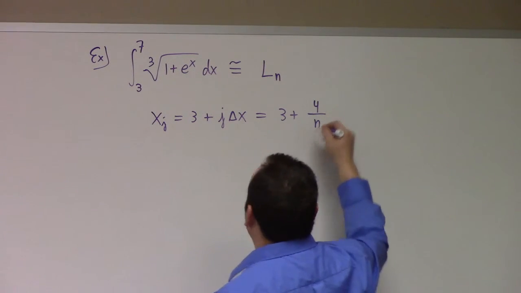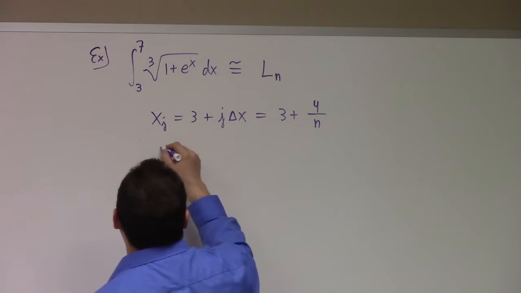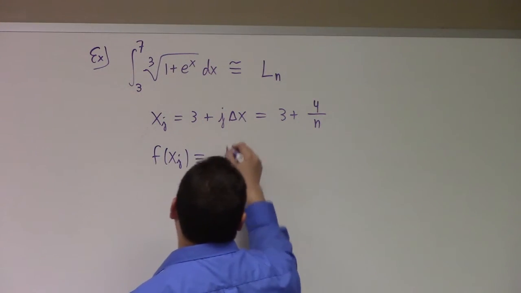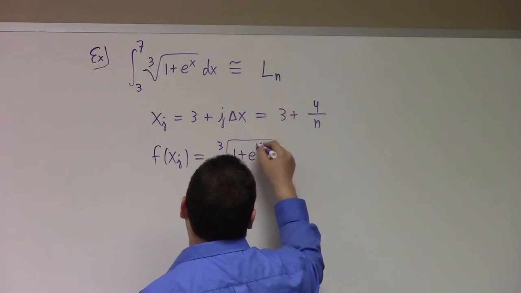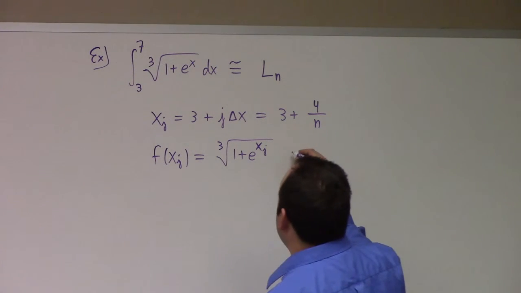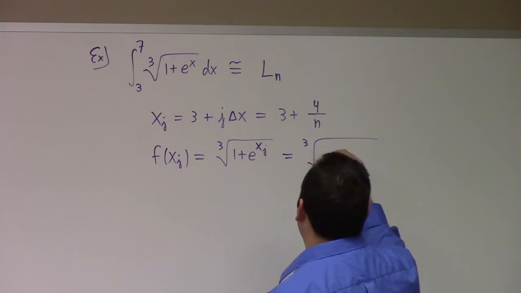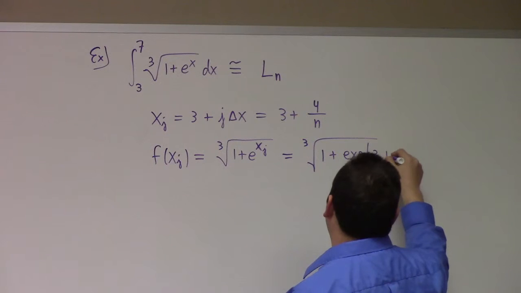So 4 over n. That's delta x. That would be x sub j. So what is f of x sub j equal to? The cube root of 1 plus e to the x_j, which is unpleasant, but here it is. It's the cube root of 1 plus the exponential of 3 plus 4j over n.